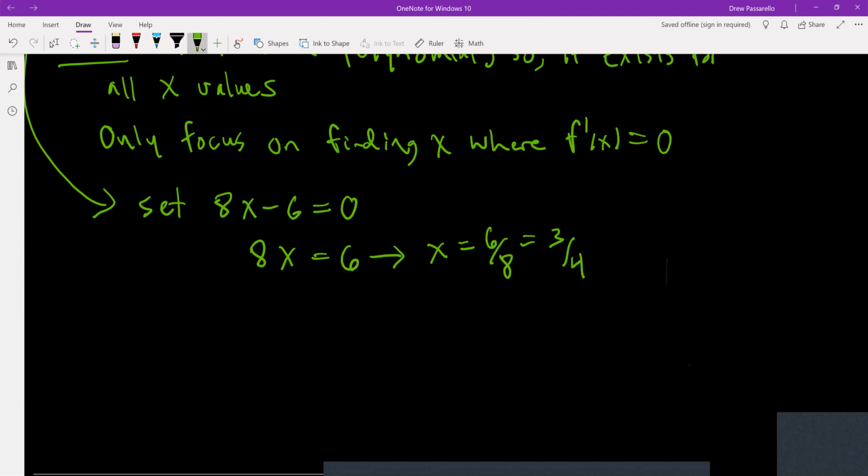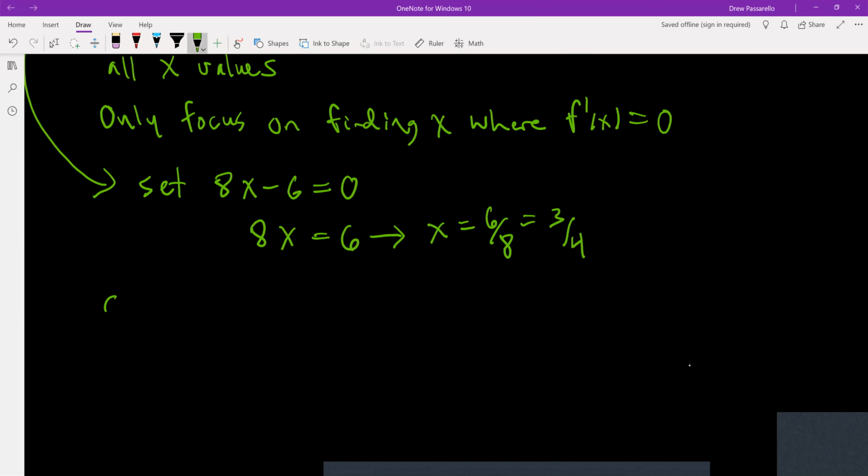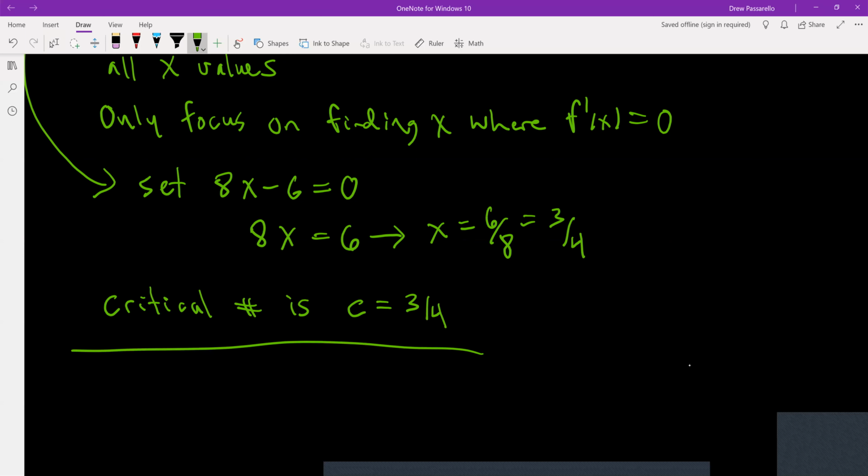So the critical number is 3/4. And they'll use the letter C for critical numbers, so I'm just going to say c equal to 3/4. Okay, and that's the answer.